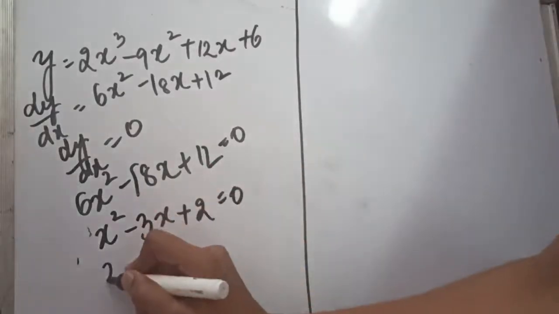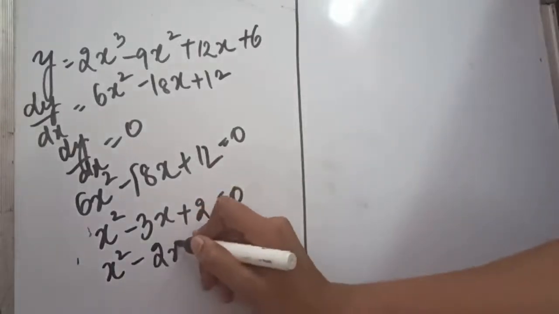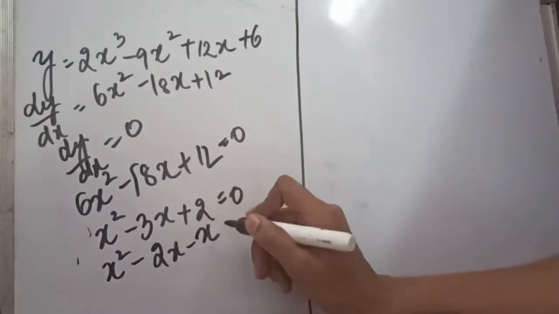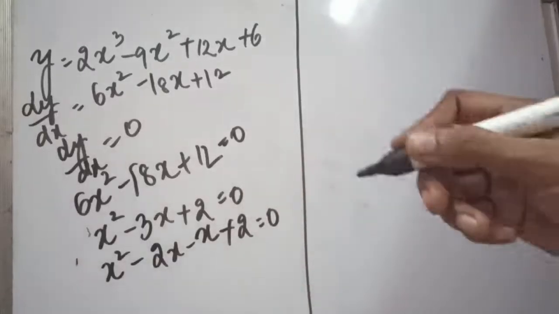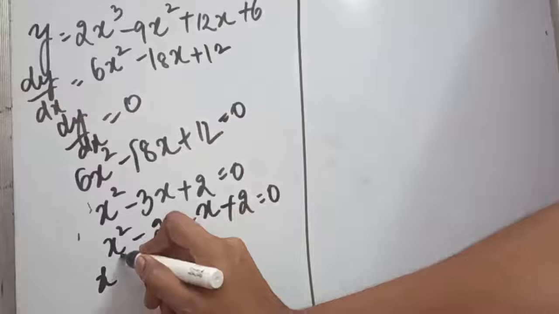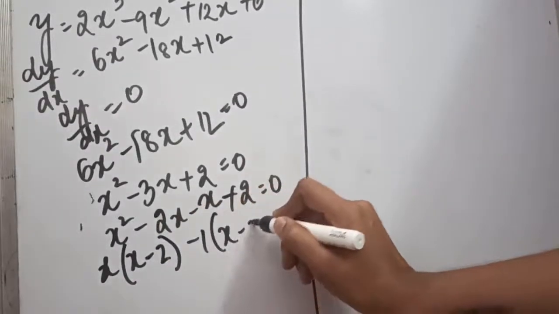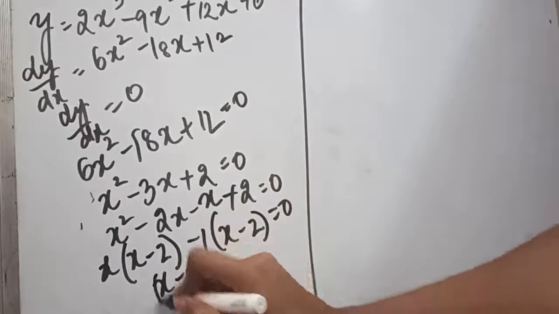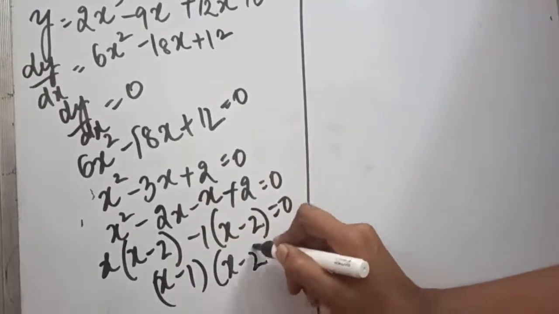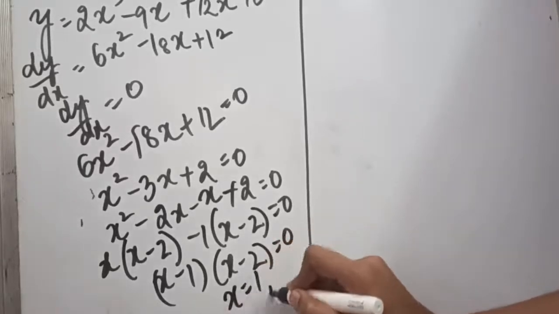Now making the factors from here: x² − 2x − x + 2 = 0. Solving this further, take x common: x(x − 2) − 1(x − 2) = 0. So (x − 1)(x − 2) = 0. So x will be 1 and 2.